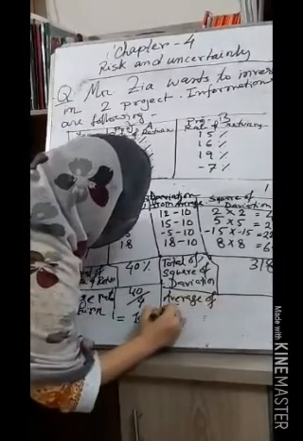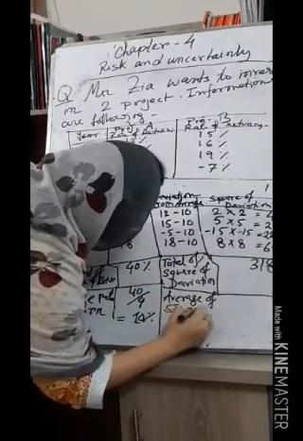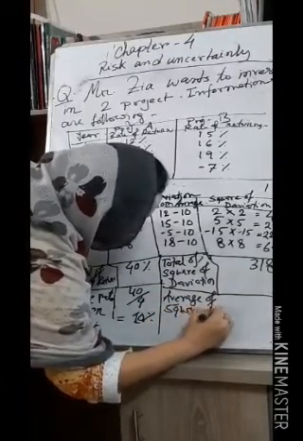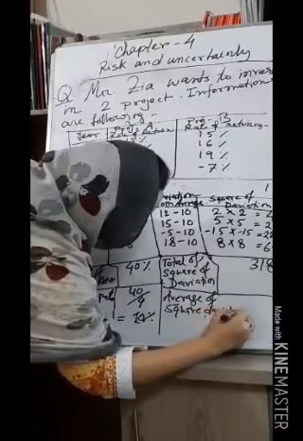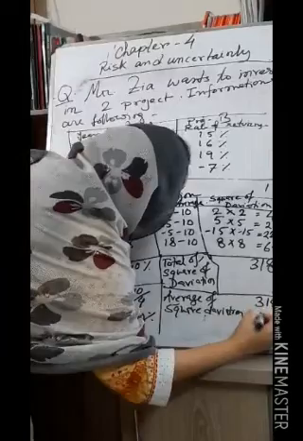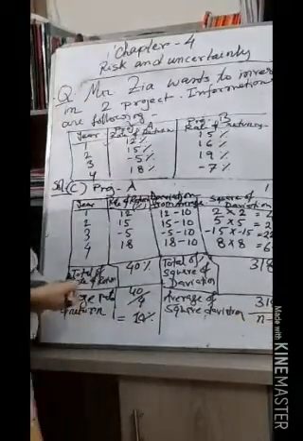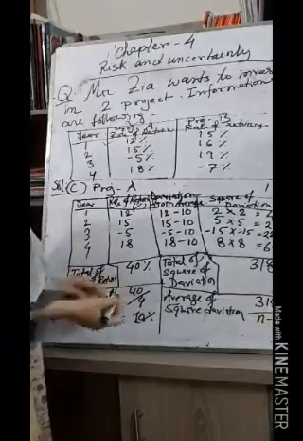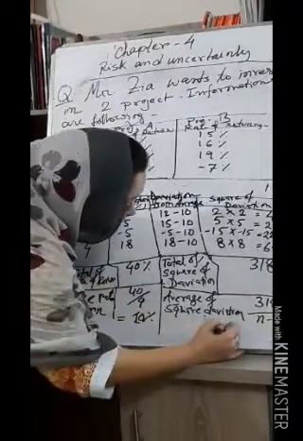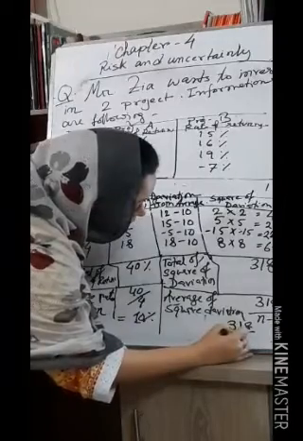And the average of square deviation is 318 divided by n minus 1. Here n is the number of years, so we can write again 318 divided by 4 minus 1.